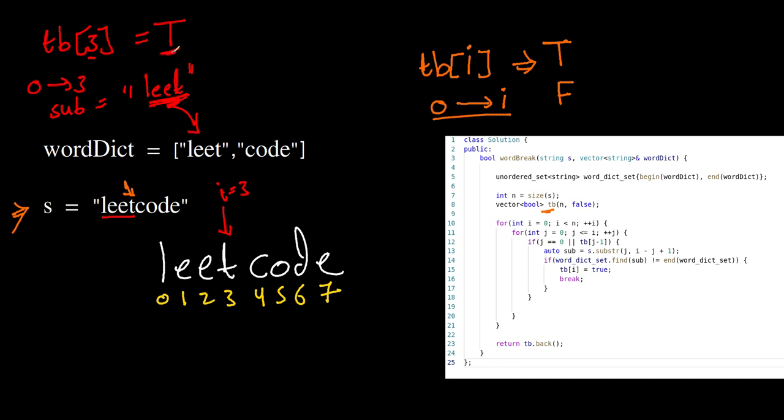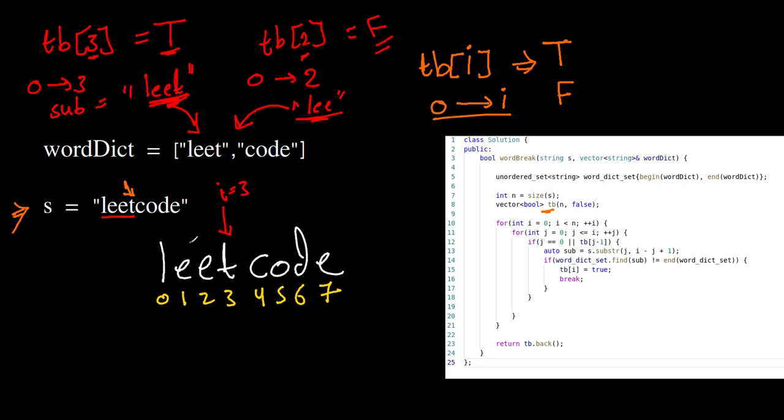And so the answer for index 3 is true, while if we take tb of 2, this should be false because the substring from 0 to 2, which is the word lee, cannot be segmented into words that exist in the dictionary, so the answer should be false.